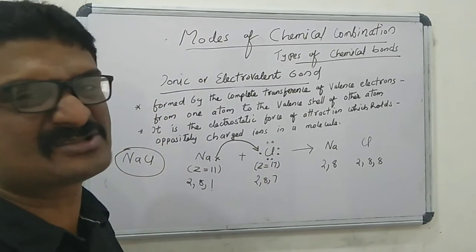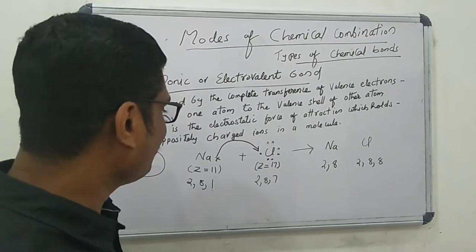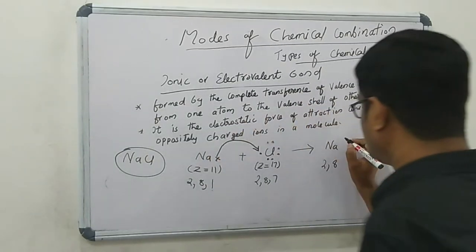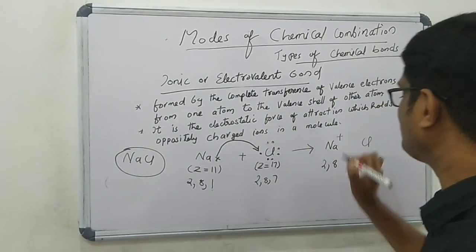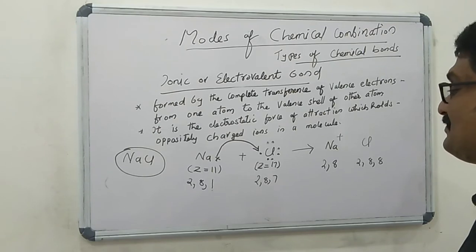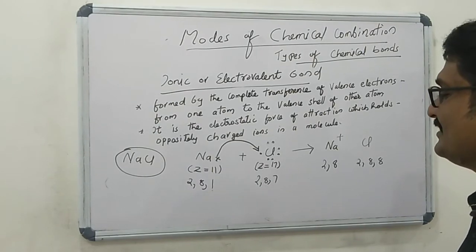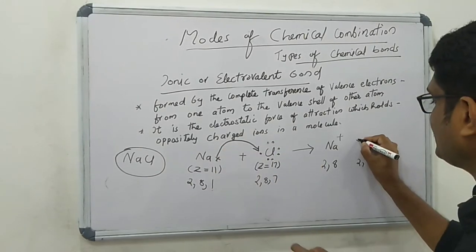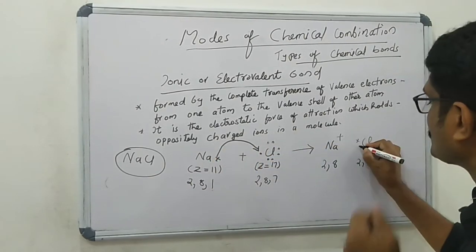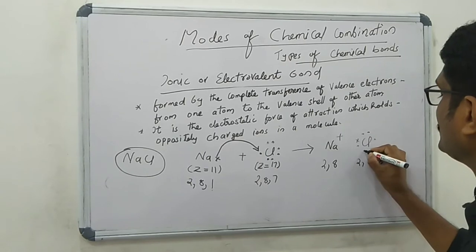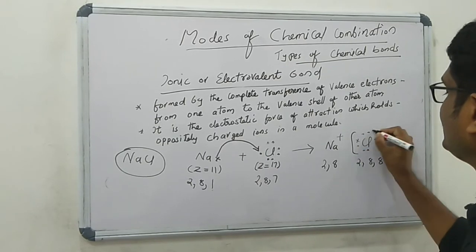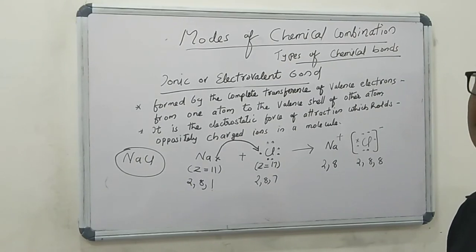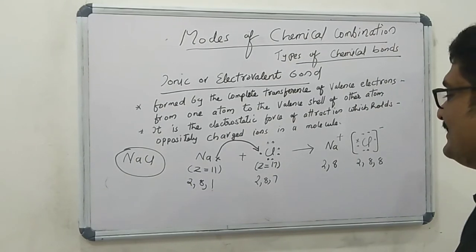We know that an atom is electrically neutral. When the sodium atom loses 1 electron, it becomes a positively charged ion, Na plus. When the chlorine atom gains this electron, it becomes a negatively charged ion.